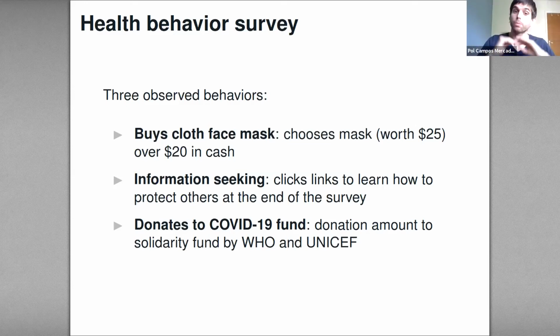At the end of the survey, when we said thank you for participating, we said, if you want to know more about how to protect others and how to behave correctly during the pandemic, click these links. They didn't know it, but we managed to see whether they clicked on those links to get more information on how to protect others. And finally, we also have donations to a COVID-19 fund, also incentivized.